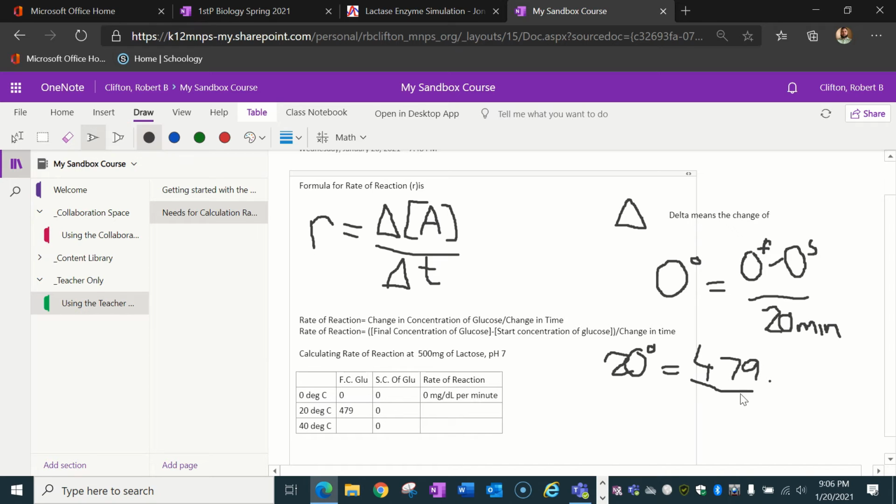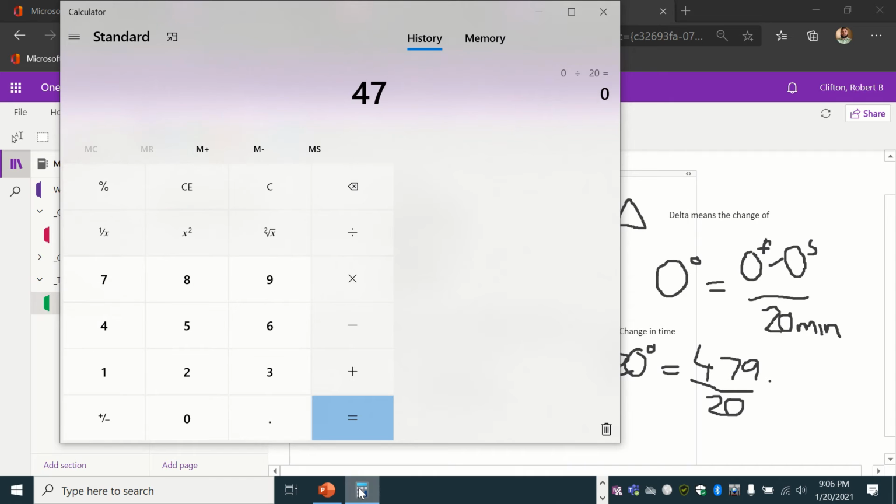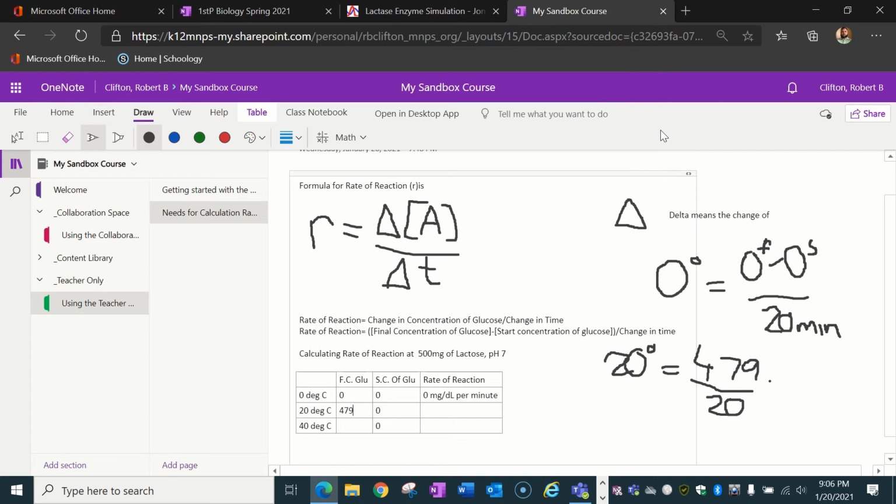So 479 divided by 20, because that was the amount of time. Let's look at our calculator: 479 divided by 20 is 23.95.